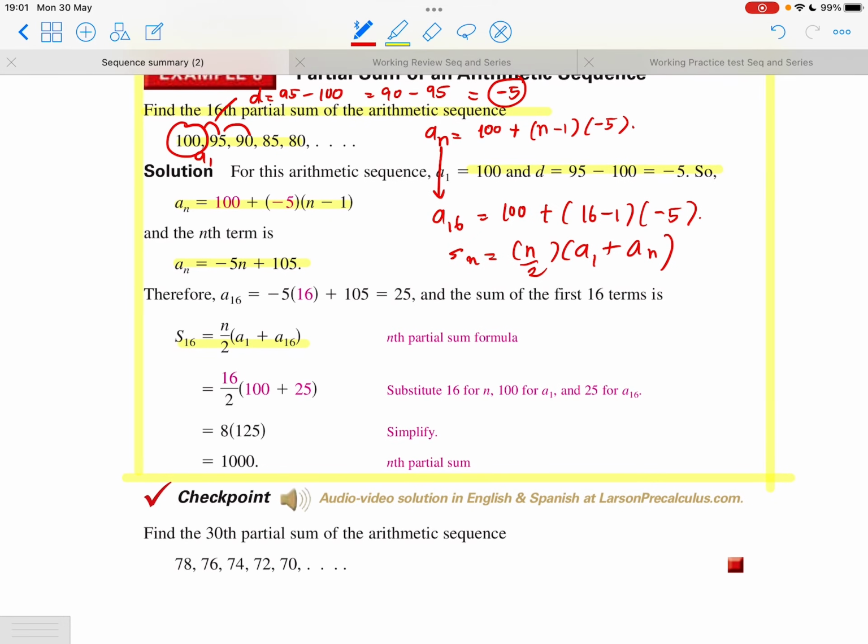In this case, n is 16. So S16 equals 16 over 2 times (a1, which is 100, plus a16, which is this number), which turns out to be 25. And you calculate, you get 1,000.